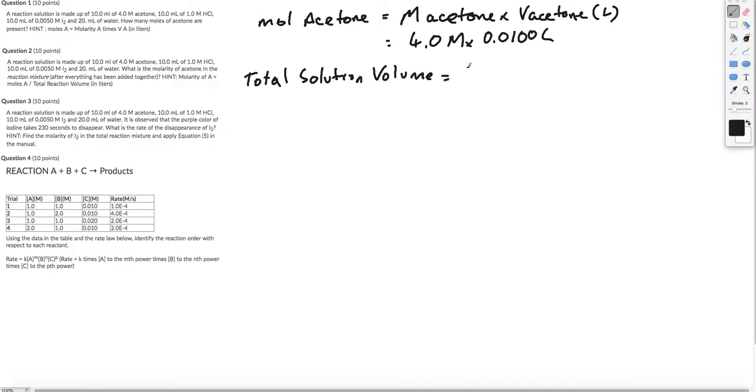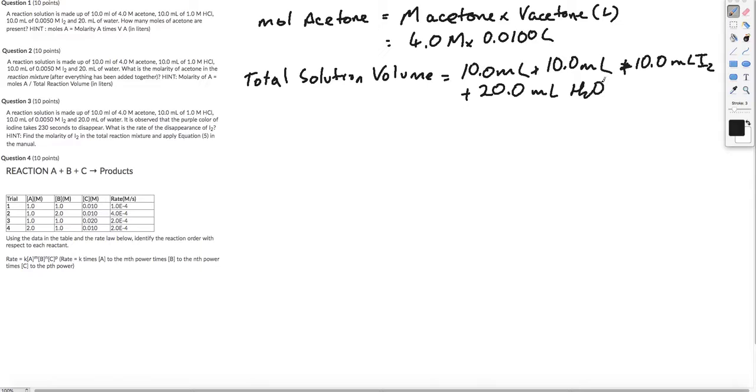It includes 10 mL of acetone, and then 10.0 mL of HCl, and then 10.0 mL of I2, and also 20.0 mL of water. So that'll give you a total volume there.